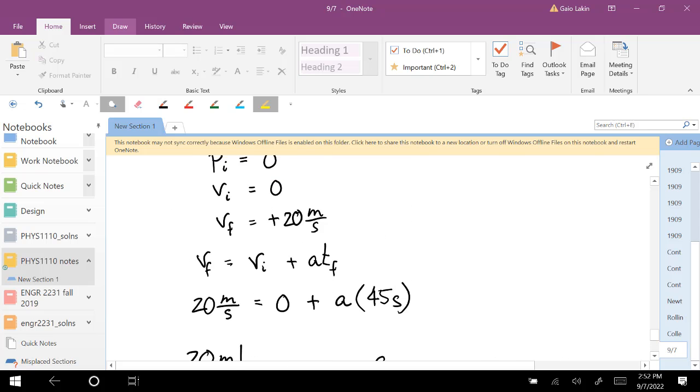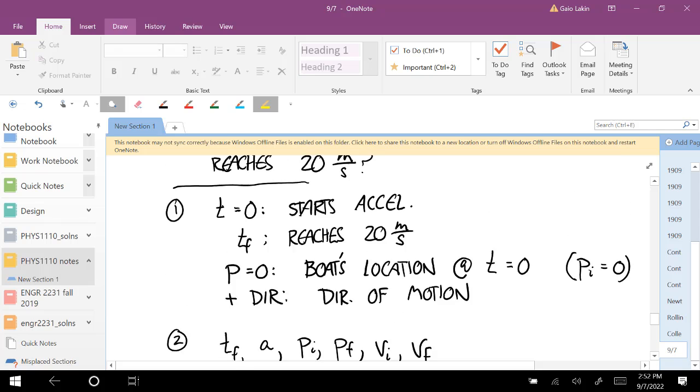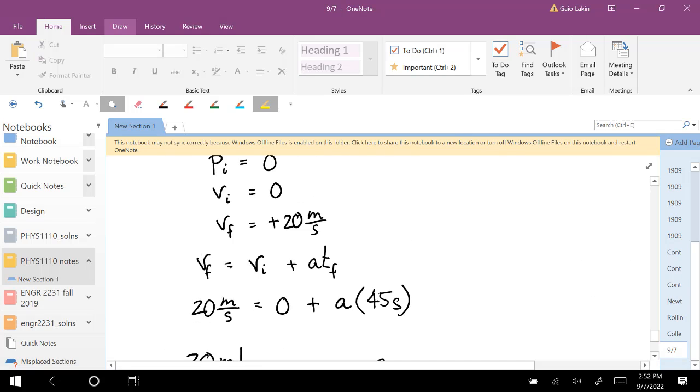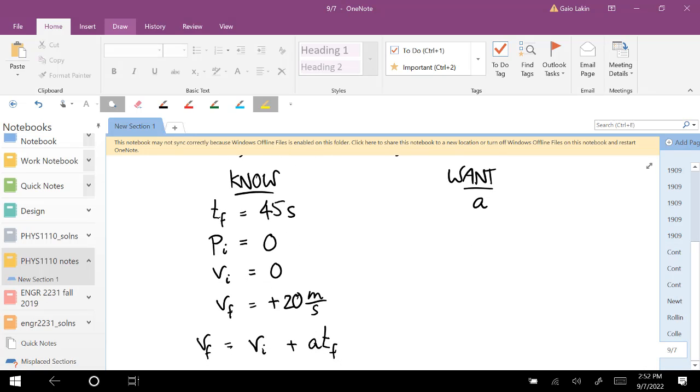Yeah, because our velocity, where was that? If you look at our list of what we know, our velocity was positive. This boat is speeding up, going from rest to some higher speed. And so we know the acceleration should be positive, and that's what happened.